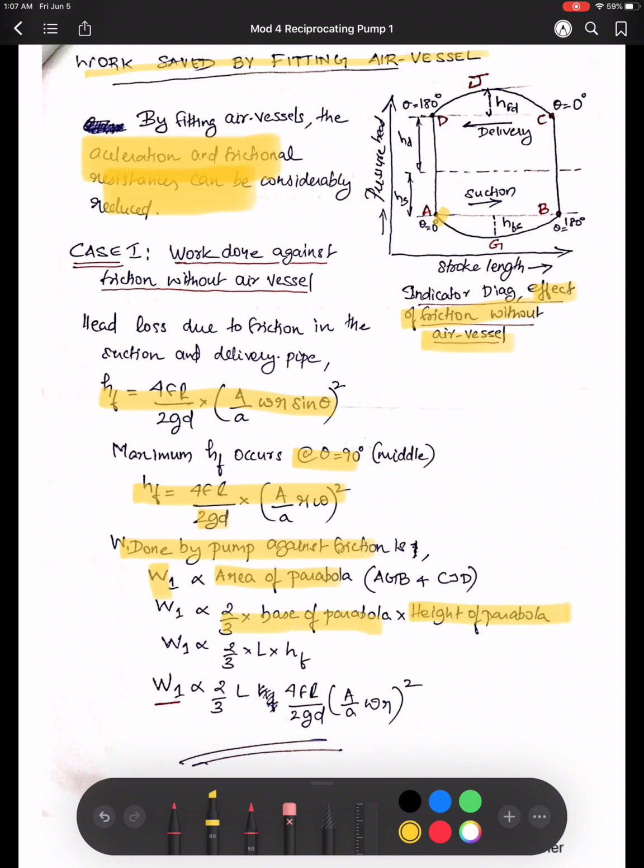So base is stroke length and height of the parabola is HF. We already have the HF equation. We'll substitute that here and we'll get this as the final equation. So keep that in mind. So this is the area to which work is proportional, the area of the parabola.